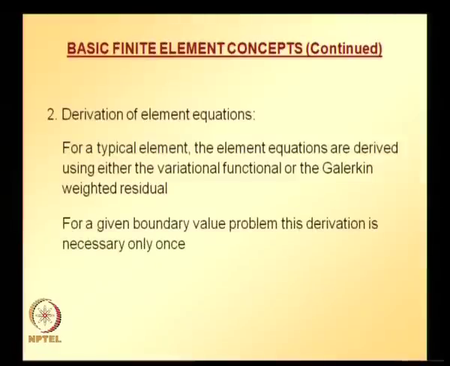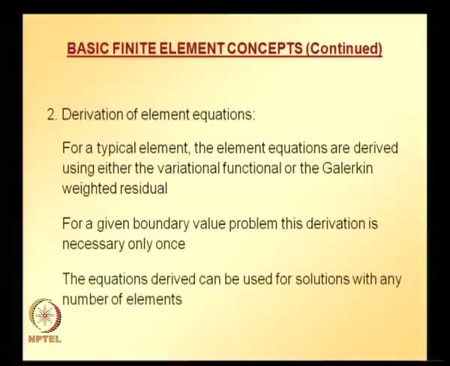For a given boundary value problem, this derivation is necessary only once, because you will see in a while, if you do it for a typical element, that is enough. The solution derived can be used for solution with any number of elements, whereas this kind of thing is not there in the earlier procedure that we followed.